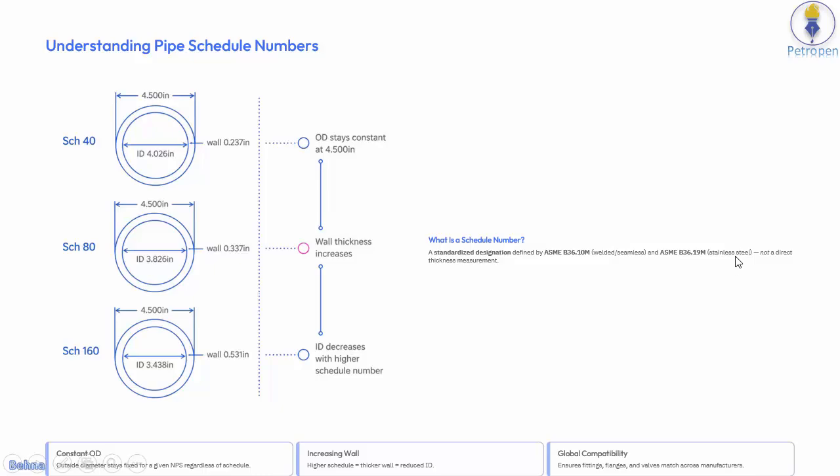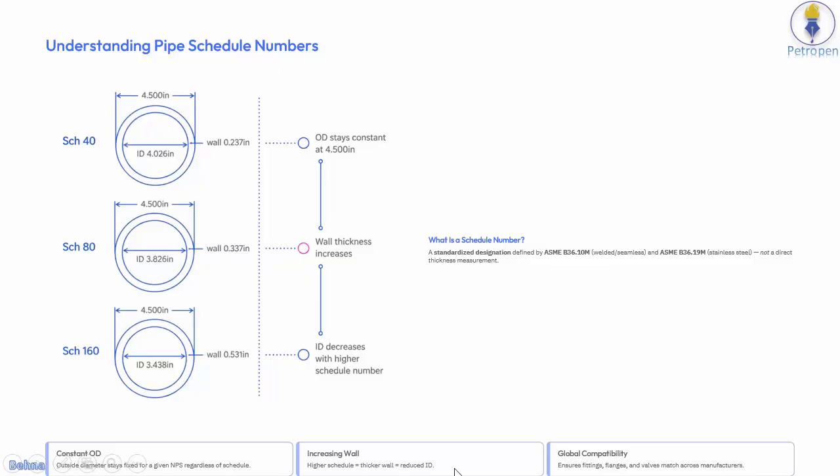For a given nominal pipe size, the outside diameter always remains constant. When the schedule number increases, the wall becomes thicker, which causes the inside diameter to become smaller.